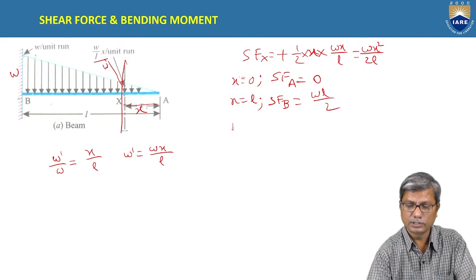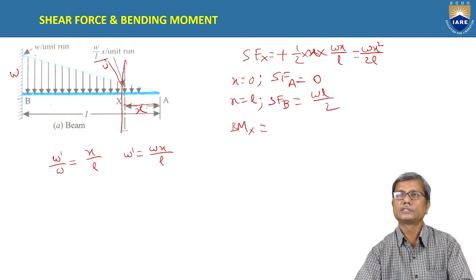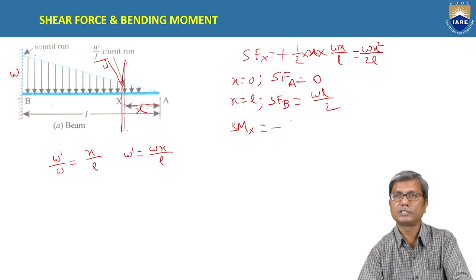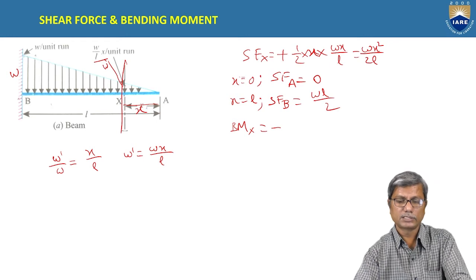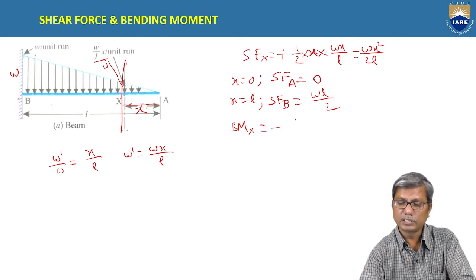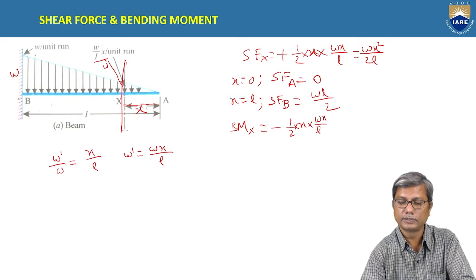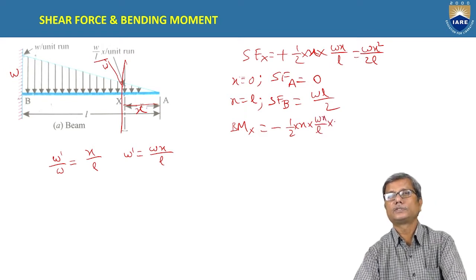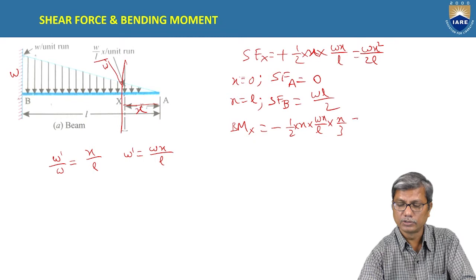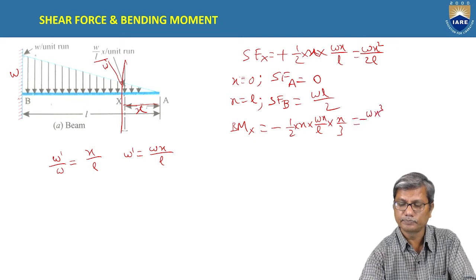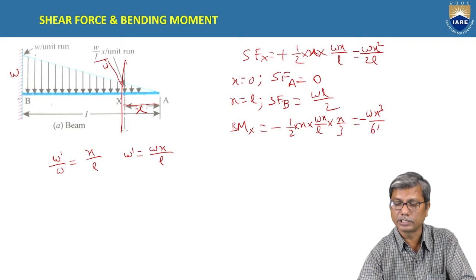Similarly, we find the bending moment at x. Bending moment at x is negative here because it is a hogging bending moment, with downward bending. What is the bending moment here? The total load is half into base into height, Wx by L, into the distance of the centroid, which is x by 3 from the section. So you will have minus Wx cube by 6L.